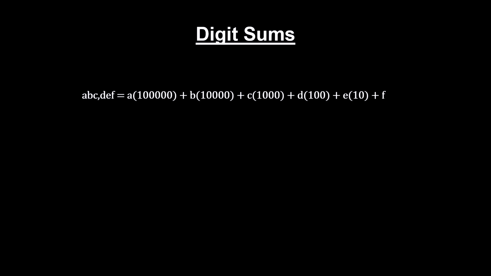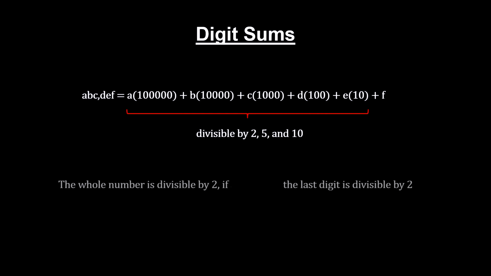It's the base 10 system that makes this work. For example, we can write the number ABCDEF as the sum of its positional digits. With this view, we can see that the numbers 2, 5, and 10 divide evenly into each of the terms except possibly the last digit, F. This is why, if the last digit is even, the whole number is even.